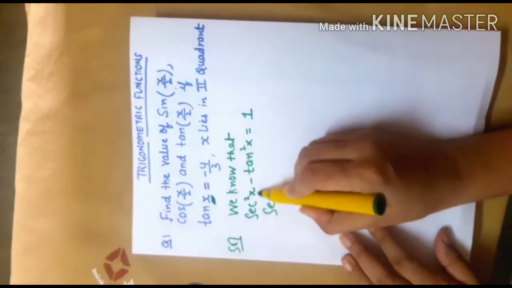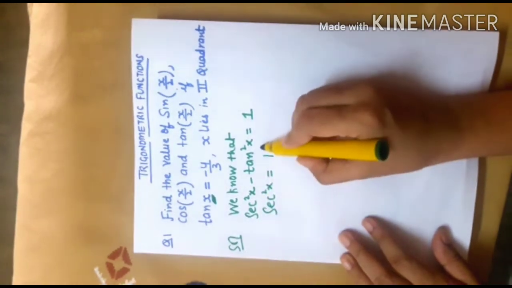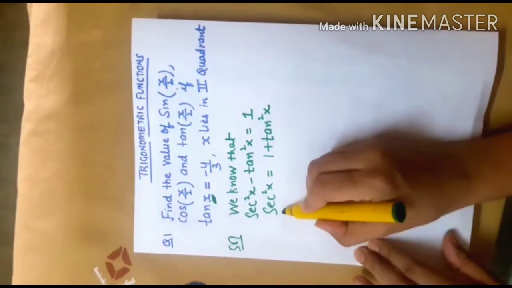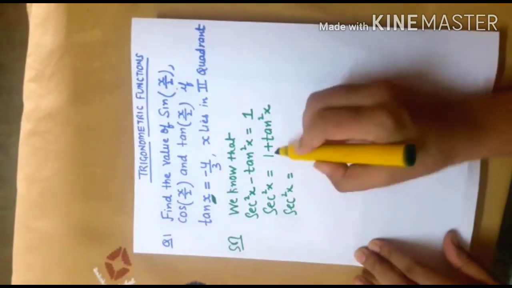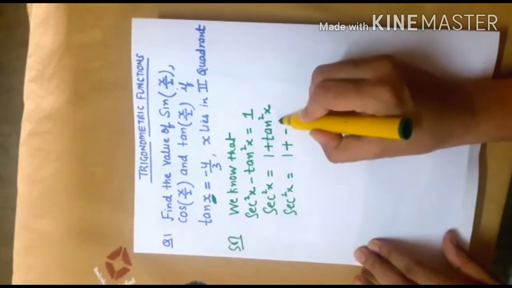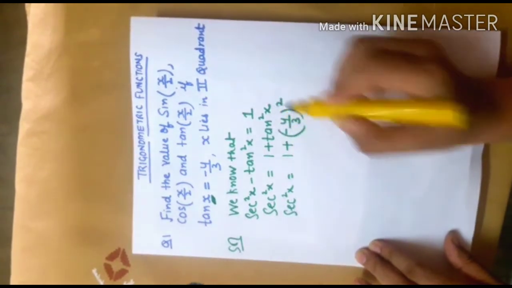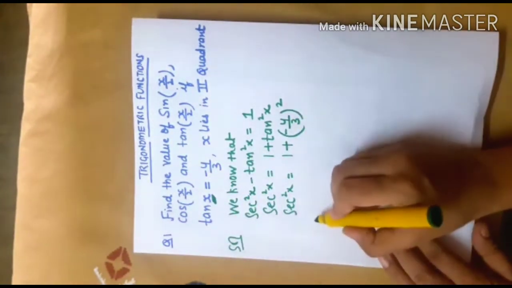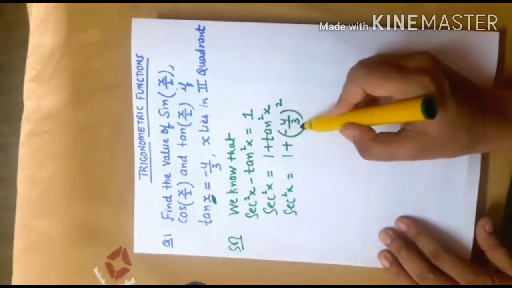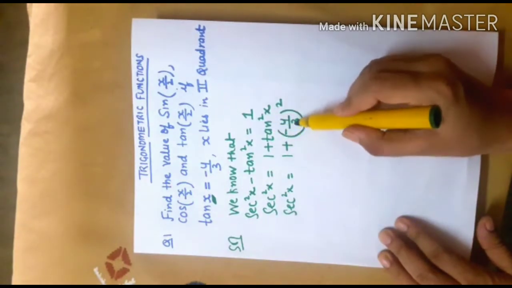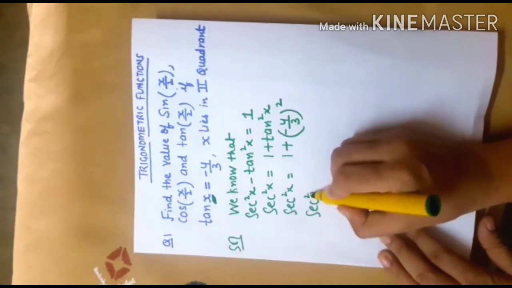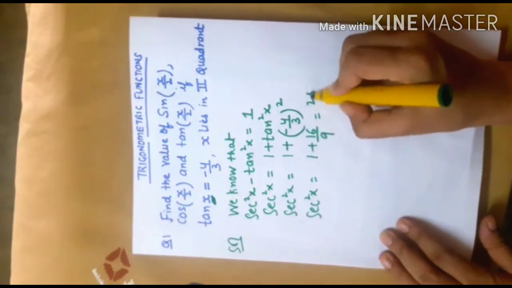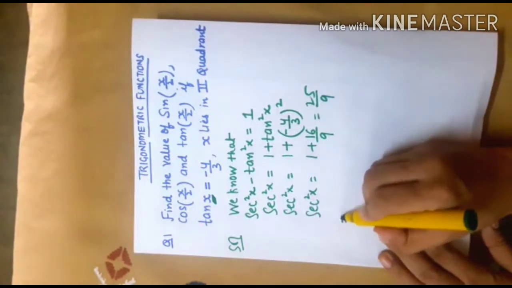So from here, secant square x will be 1 plus tan square x. So secant square x will be 1 plus minus 4 by 3 whole squared, because tan x is given to be minus 4 by 3. So from here, secant square x will be 25 by 9.